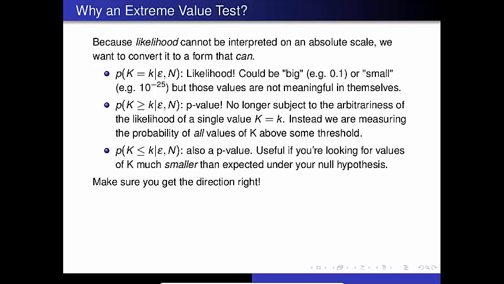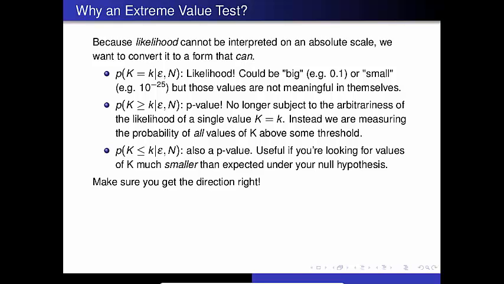Okay, so hopefully from the epsilon test question, you'll see why we need to do this. We've made what might appear to be a very subtle little change, from talking about just a likelihood with an equal sign to a p-value, where now that equal sign changes into a greater than or equal sign or a less than or equal sign, depending upon whether you're looking for big deviations or small deviations.